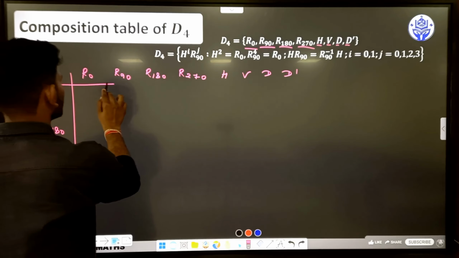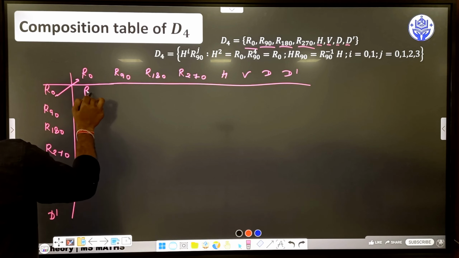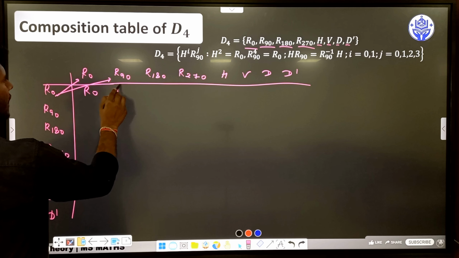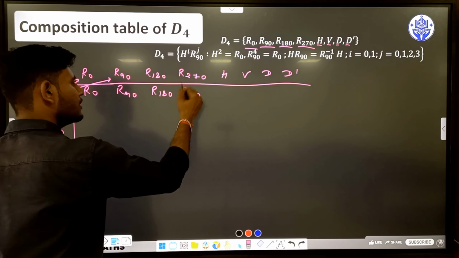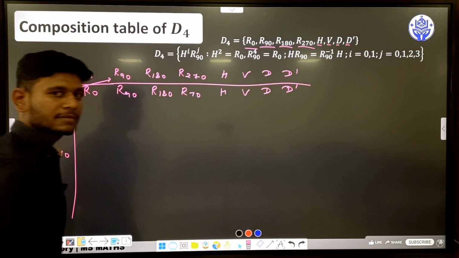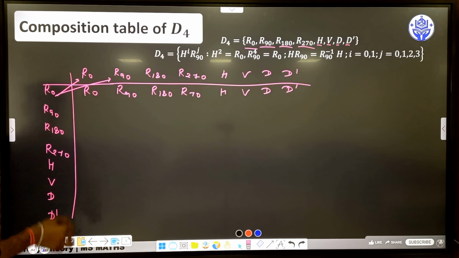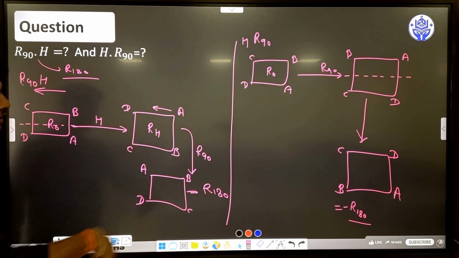Just find the value from here. How can you find R into R? It is R0, this one is R90, this one is R180, R270. It will be only horizontal, vertical, diagonal and diagonal dash. You can easily calculate. I have solved 2-3 problems here. In this way you can complete this table.